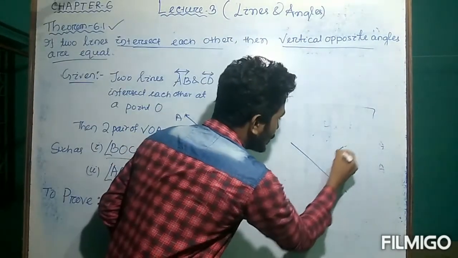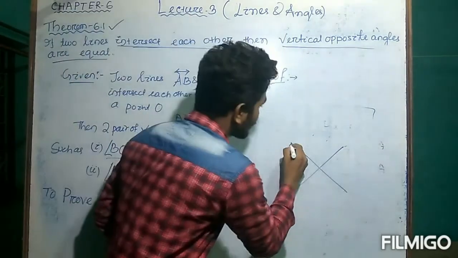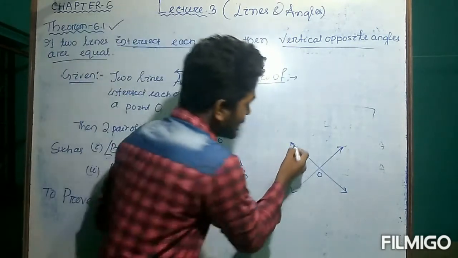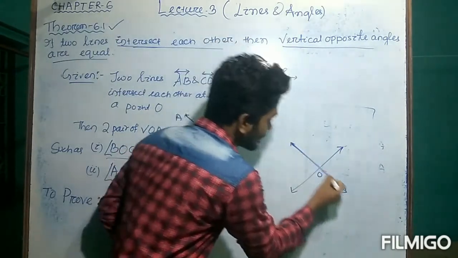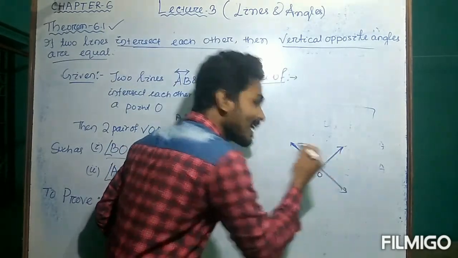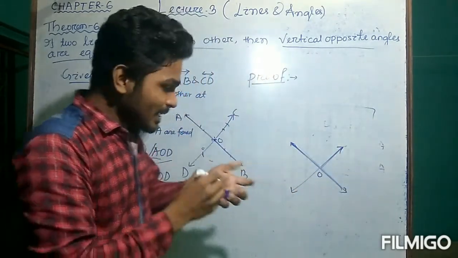See, if two angles meet each other at a given point. Suppose this is a straight line, and on this straight line, this is a ray which stands on the straight line like this.